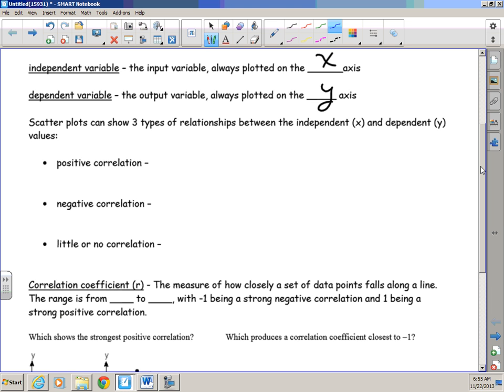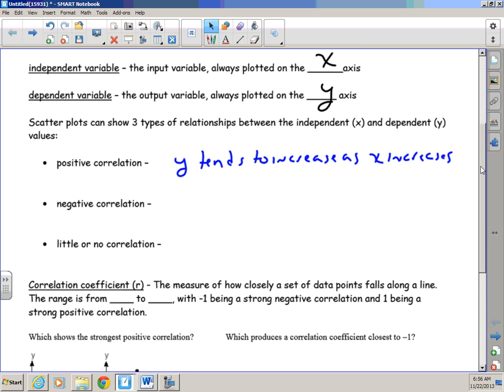What does a positive correlation mean? y tends to increase as x increases. They're going in the same direction. And you could put it in the converse, which is they both decrease.